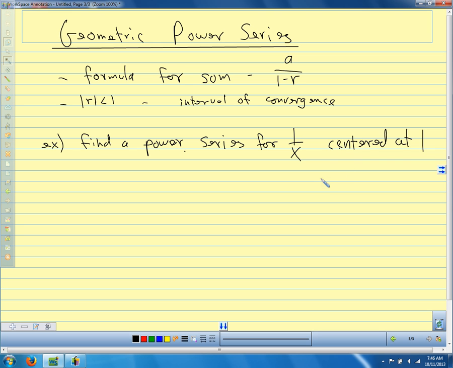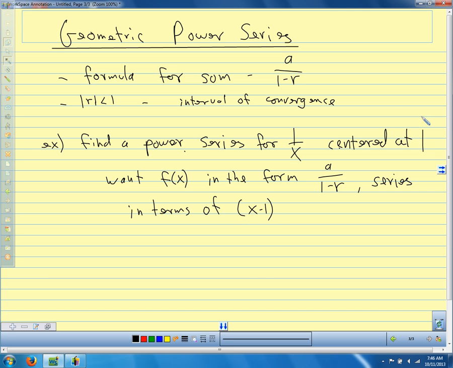When we're asked to find a geometric power series, we want to write f of x in the form a over 1 minus r, and we want the series to be in terms of x minus 1, because we're centered at 1.